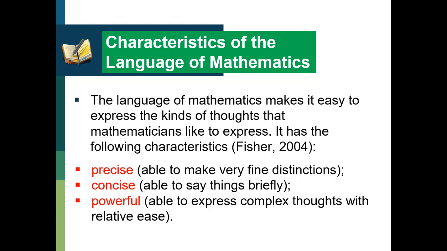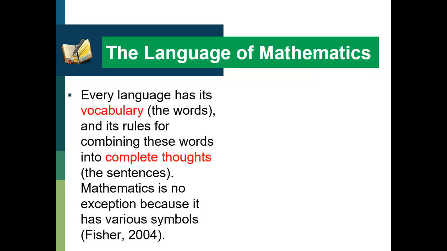We know that in physics it's stated in a very long statement. But if you write it as a formula, it's just a = F/m. See how simple it is? So take note of these three characteristics of the language of mathematics: precise, concise, and powerful.